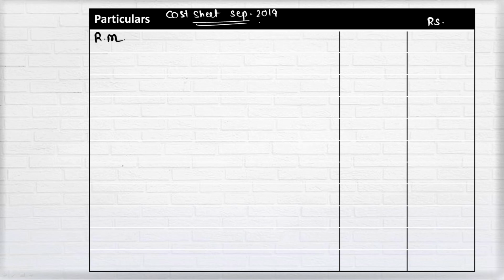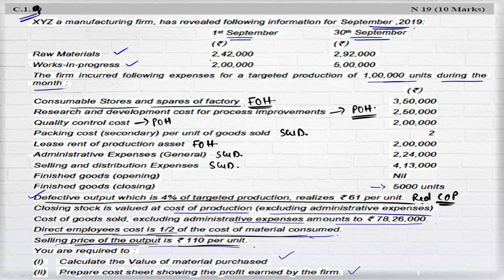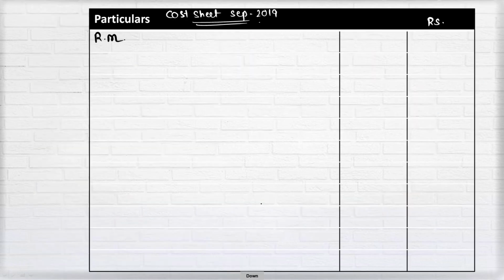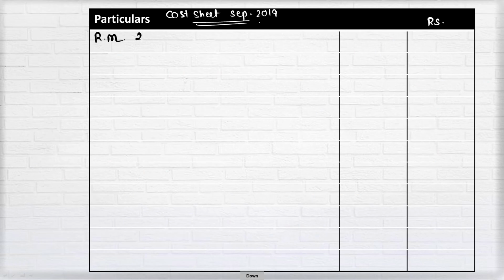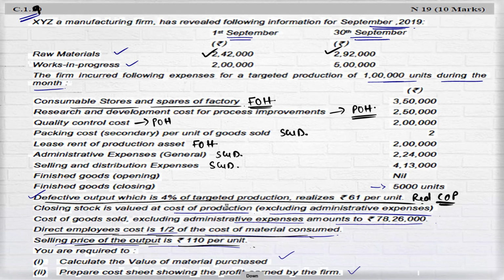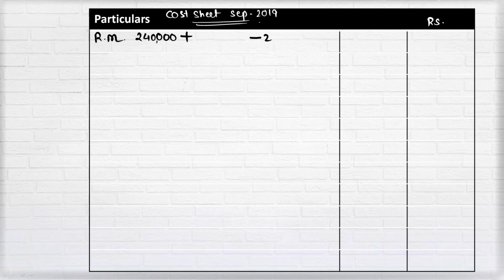I will be tick marking in my question whatever I write down. Opening minus closing plus purchase. Opening is 2,42,000 plus purchase I am not knowing minus closing is 2,92,000.